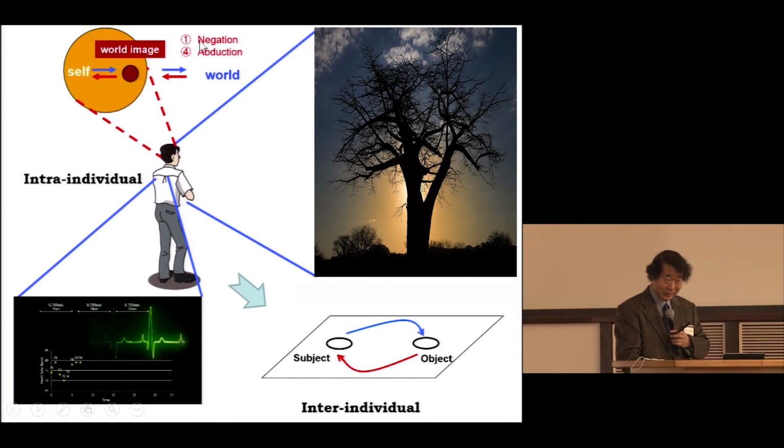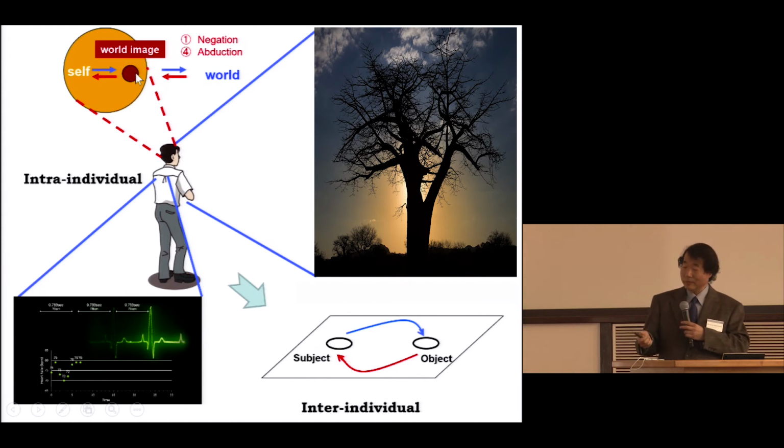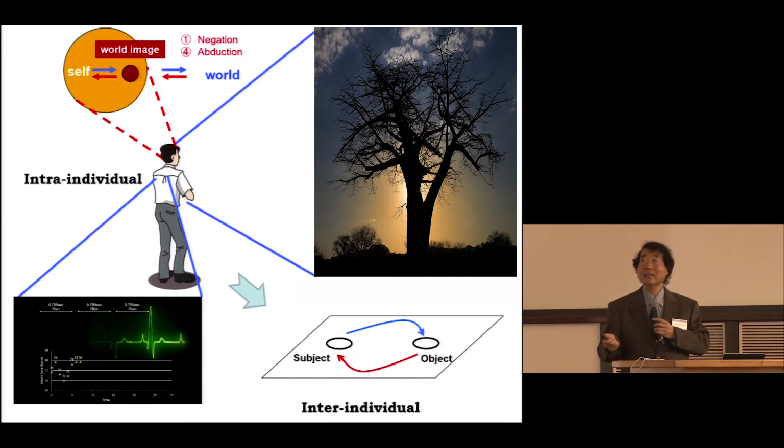And if we introduce negation and abduction, we can change the internal world image. As a result, we can understand new perspectives or new things existing at the level of the outside world.